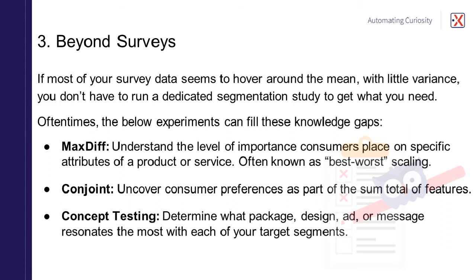But in today's world, with the technologies available to this industry, you can actually use those methodologies for your segmentation, which increases the likelihood that you end up with differentiated segments and understanding based on them.